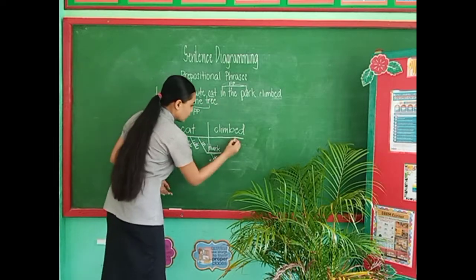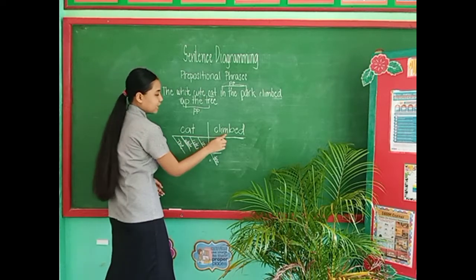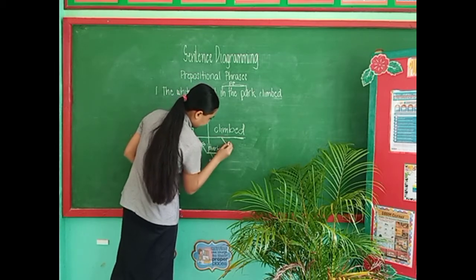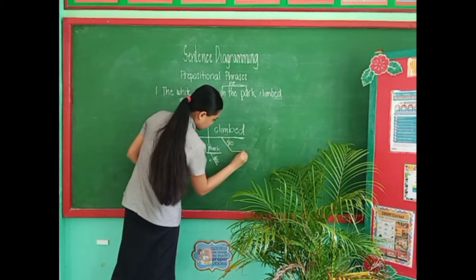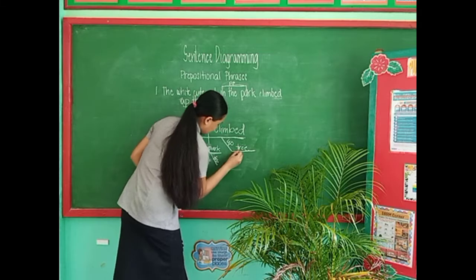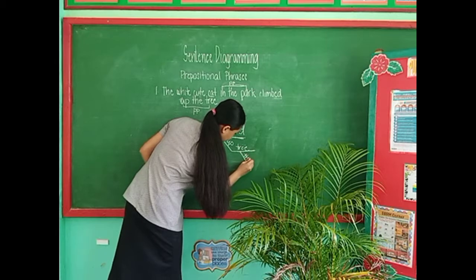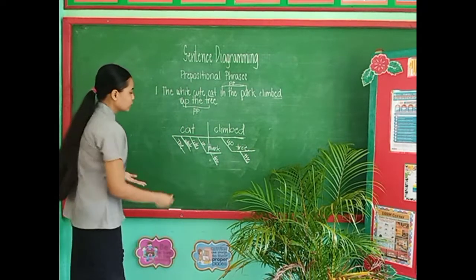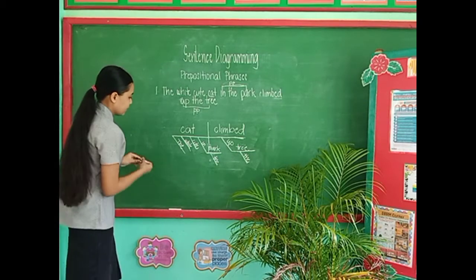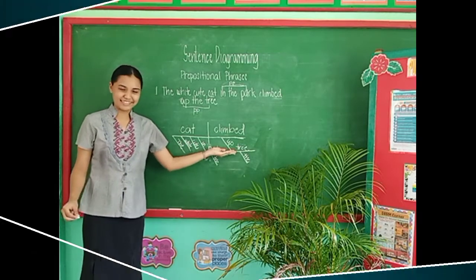Up the tree. So the second prepositional phrase will be placed underneath the word climbed. It will go like this: up, tree, and like what we did here, the. So this is how to diagram a sentence that has prepositional phrases. The white cute cat in the park climbed up the tree.